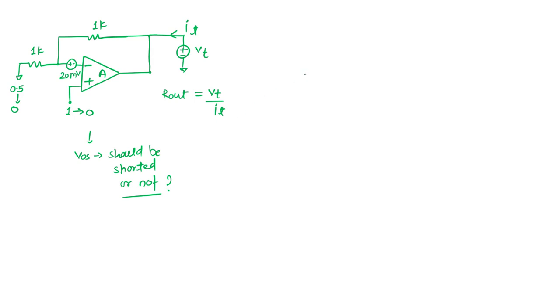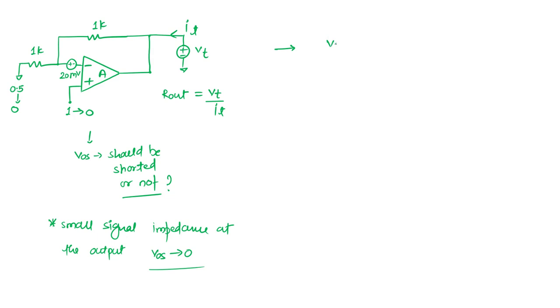In that regard, when we are calculating the small signal impedance at the output, VOS is to be considered shorted, because the perturbation we are applying in terms of the test source can be much smaller than this offset also.